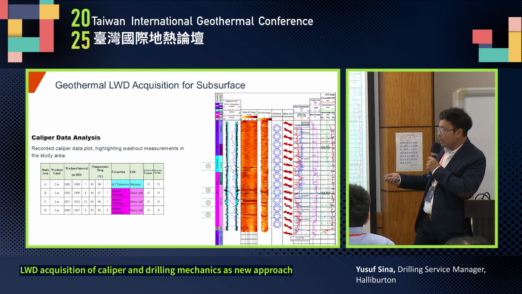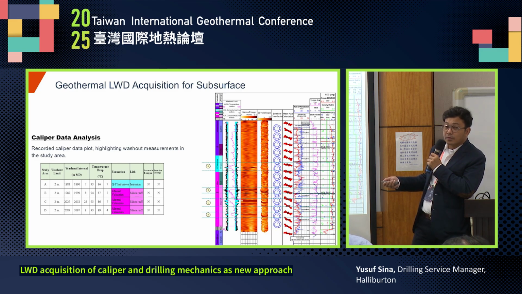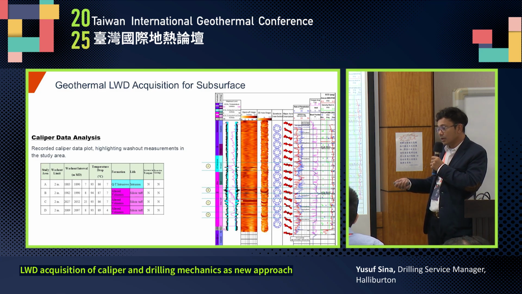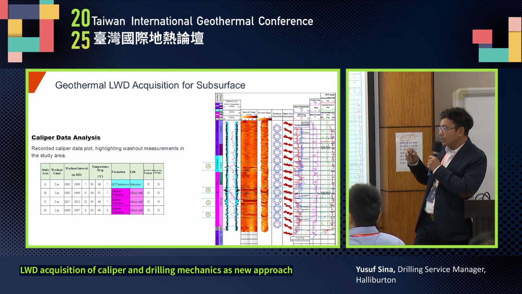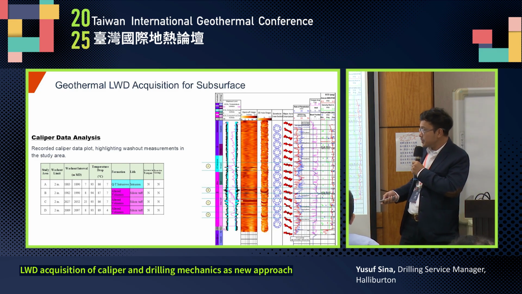Formation A, apparently the lithology is intrusion, and then formations B, C, and D are more related with altered volcanics, and the lithology is silicic tuff, right? So we can see where the typical wellbore breakout happens in terms of the lithology.